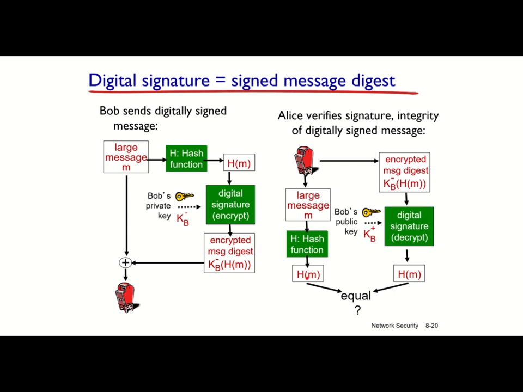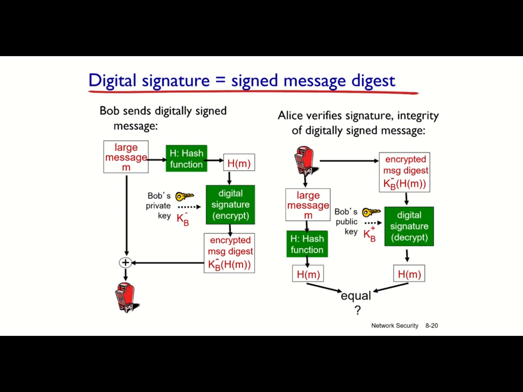Then she can also apply Bob's public key, which is public to everyone, including Alice, to the encrypted message digest, or the signed message that Bob created before. And if you apply the public key of Bob to this KB minus of h of m, you'll get h of m.